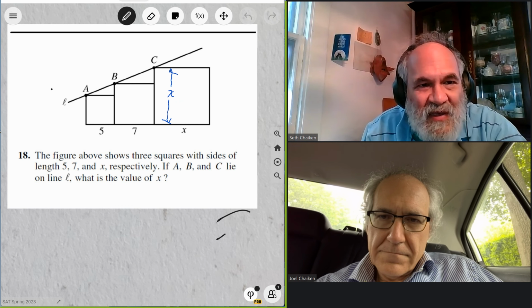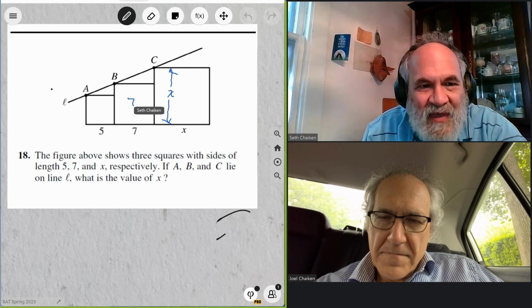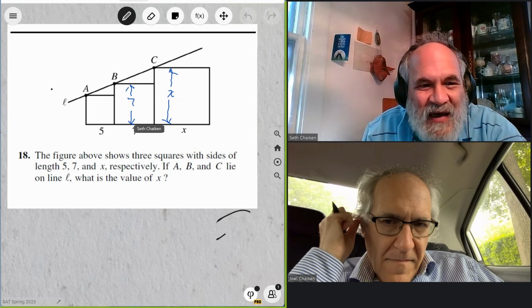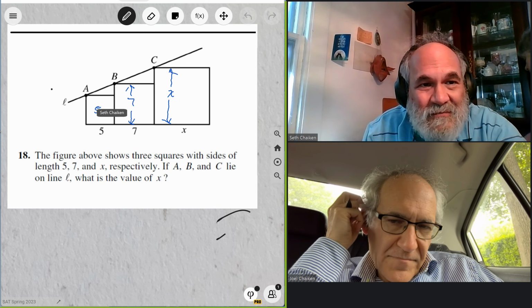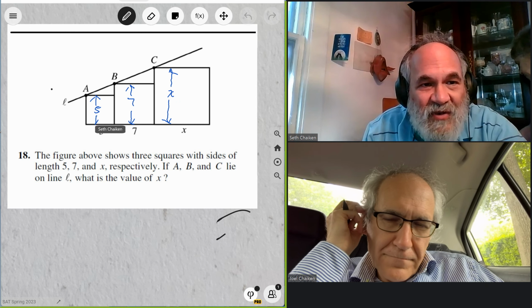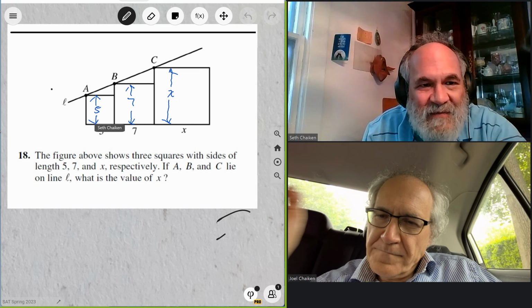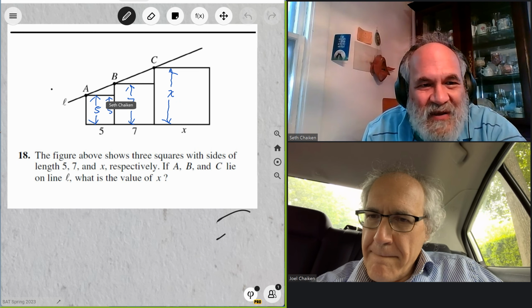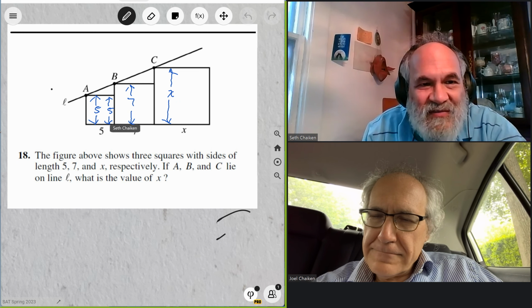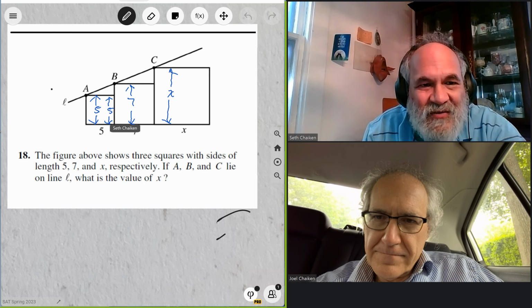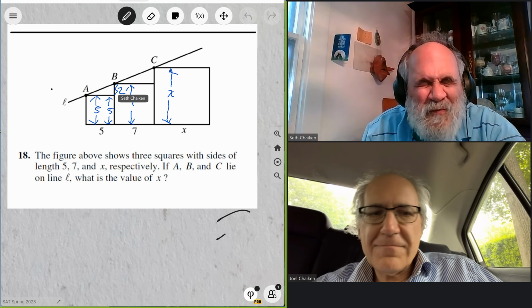However, if I look at this picture, the height of this square is 7, and the height of this square is 5. So this is 5 from here to here, and this is 7 from here to here, so this must be 2. Absolutely.